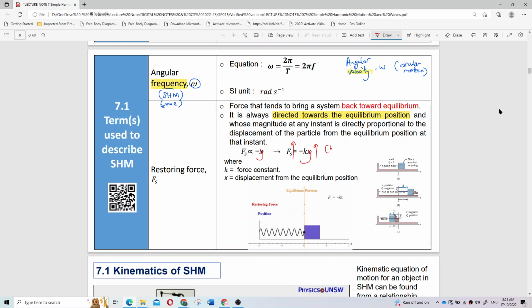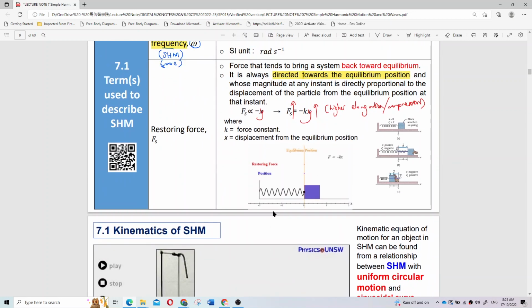That means larger elongation or larger compression gives a higher spring force, or restoring force. Understand everything?